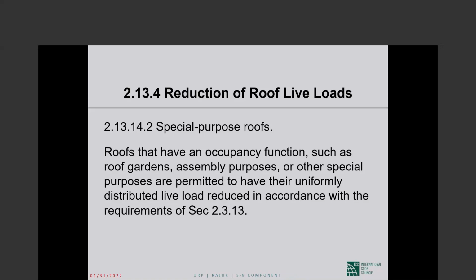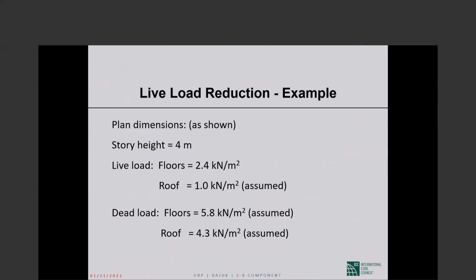If your roof is going to be used for assembly, you design for assembly live load and then you reduce it. The assembly live loads cannot be reduced, as you saw. Okay, so then the live load on that area of the roof shall be treated as floor live load. That's pretty much what we are saying.